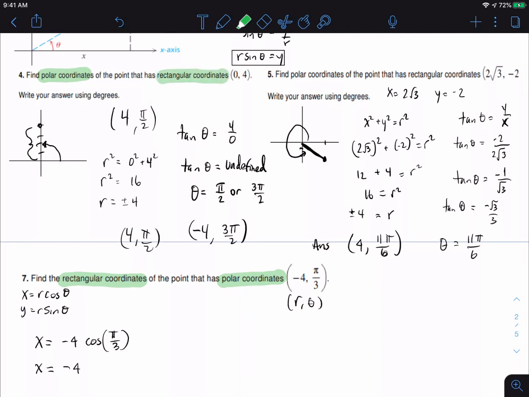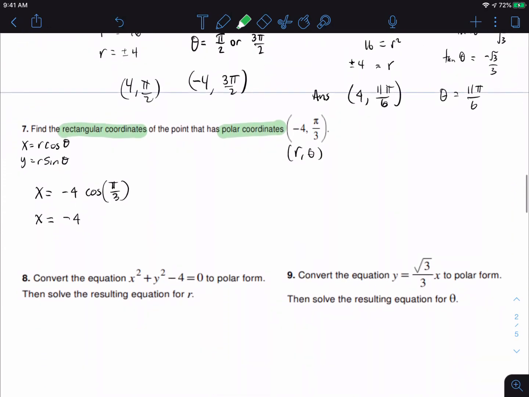But another way to know it, just in case, is whenever they give you pi over some number or things like that, they're not usually referring to a y value. It's usually an angle. Okay, but they will clarify, find the rectangular when you have the polar. Find the polar when you have the rectangular. Does that make sense, Leah? Okay, cool.